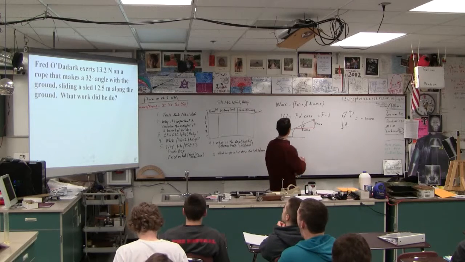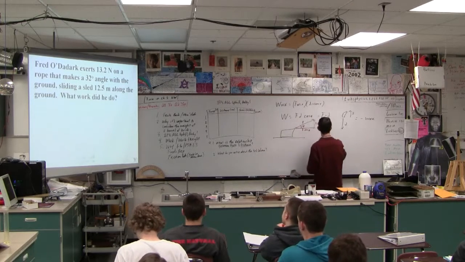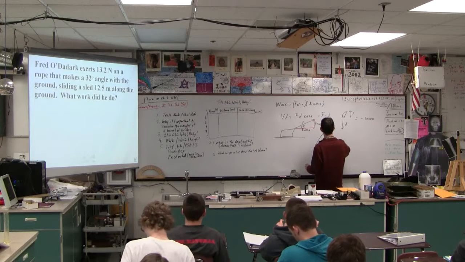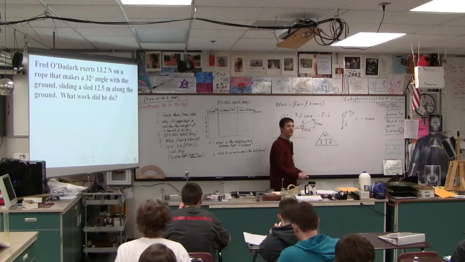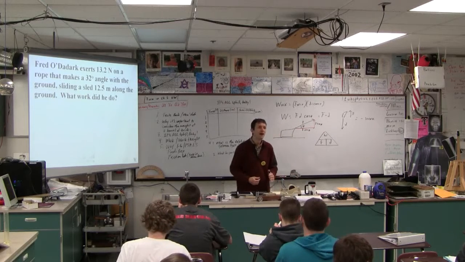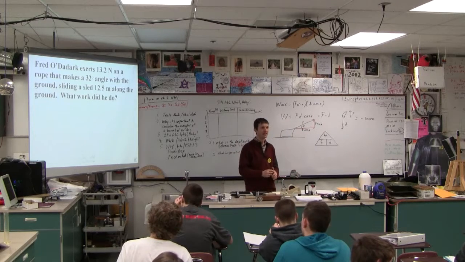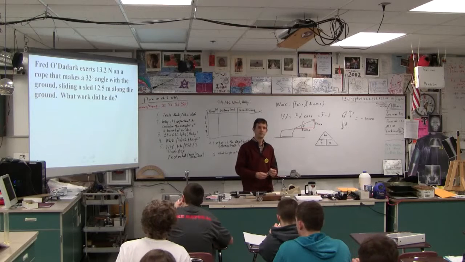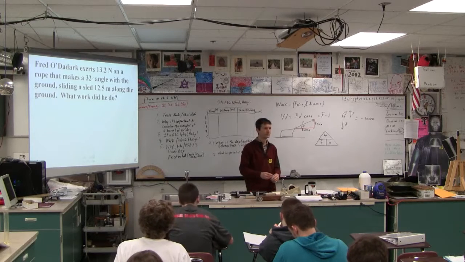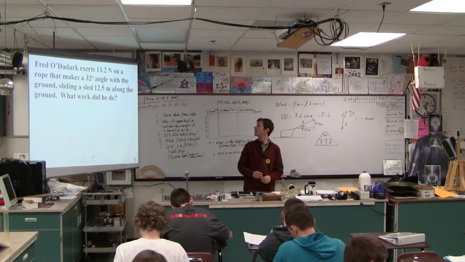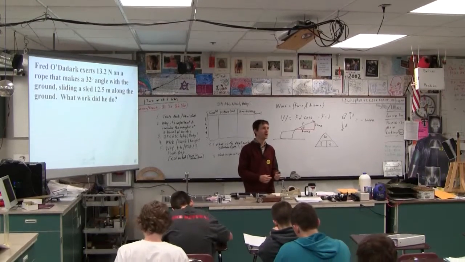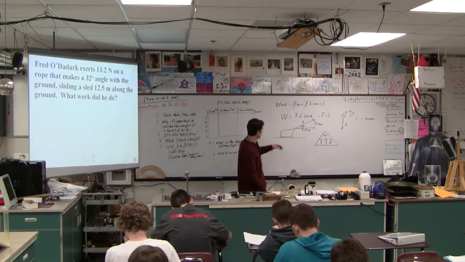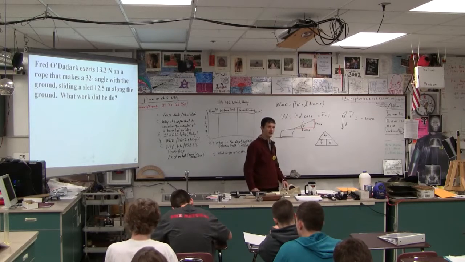The magic triangle is this: work, force, distance. Yeah, that's right. This is the only one that's got an angle, so make sure you're not in radians and you should be good. You're going to do the full F D cosine theta.